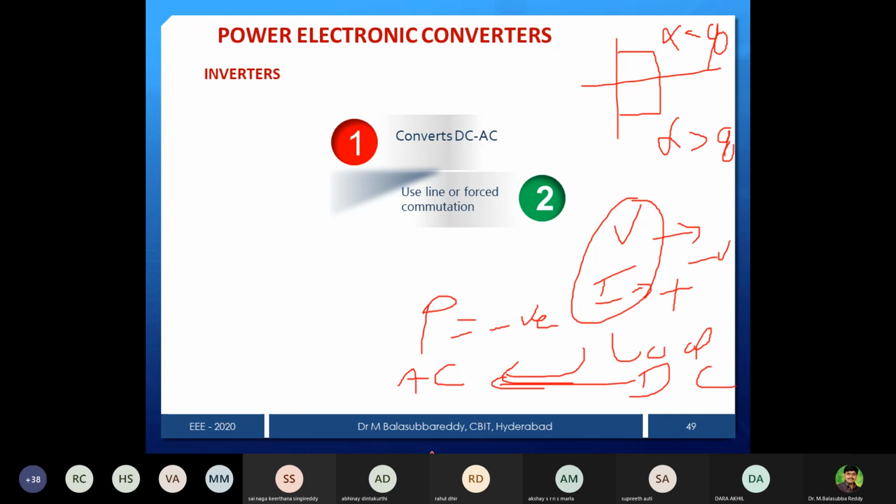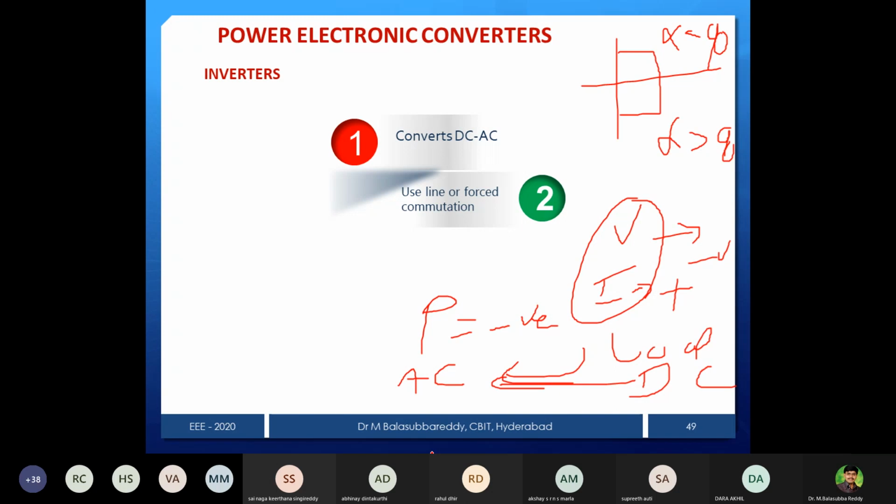Whatever kinetic energy is stored in a machine will be converted back to AC. That's why I call it a line commutated inverter. The operation is inverter operation, but the commutation is by the terminals connected to AC. Because of the AC supply lines, we make use of them to turn off the devices. That's why we call it a line commutated inverter.